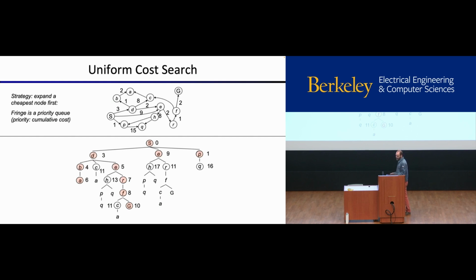So why did we do that, where we waited to return the goal until after it had been expanded? Well, there could have been a shorter path to the goal, because right now it's only taken us 9 to get to E. Let's say it had only taken us 8 to get to E, and there were a cost that were 1, and it went straight to G. Well, then that would be the path we'd want to return.